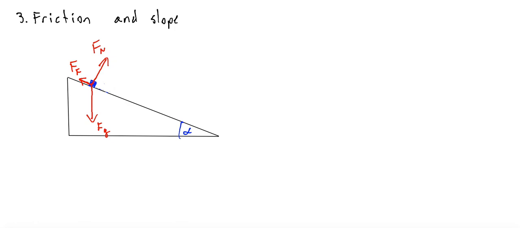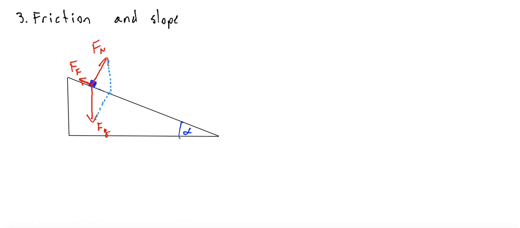So now let's look. What is the overall force acting on the object? The overall force acting on the object is now reduced by this frictional force. Let's focus on these two forces, normal reaction force and gravitational force. These two forces added together result in a force which acts down the slope.